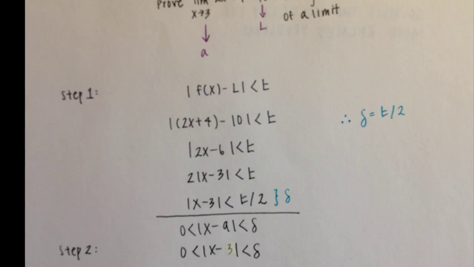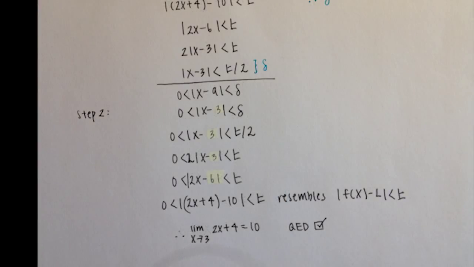And we end up with the absolute value of x minus 3 is less than epsilon divided by 2. And we can see from this expression that it resembles the from expression, except for the fact that delta is epsilon divided by 2. So that's basically our formula that ties these two expressions together. Delta equals epsilon divided by 2.